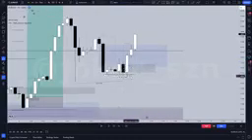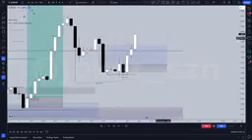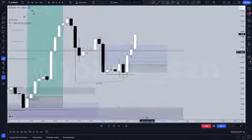Because we have taken liquidity, we have broken structure, we have SMT, so this is a high probability order block here, and we also have a fair value gap resting right above, right? So we don't have to trade all the way down, we can already technically expand from this inversion level, but we also might trade down here because we have an unmitigated fair value gap and we have an unmitigated order block here as well, so we keep that in mind, right?